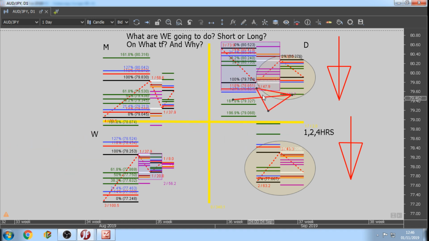Short term, we have a greater chance going short. Why is that? Because the daily has a confirmed C, has a Fibonacci of the confirmation, both are pointing down, and the weekly doesn't have. So there is a greater chance that the market in the short term is going to push lower.